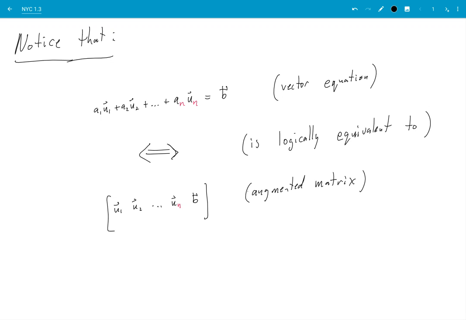And if I'm trying to solve this, that is the same thing as trying to solve this. That's what logically equivalent means. Any solution I have up here is also a solution here, and vice versa. Any solution here is also a solution here. That's why the arrow is double-sided.